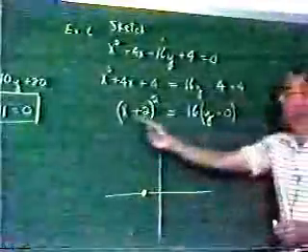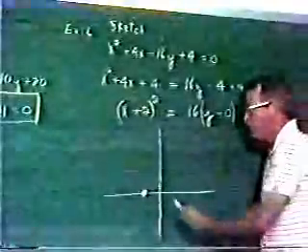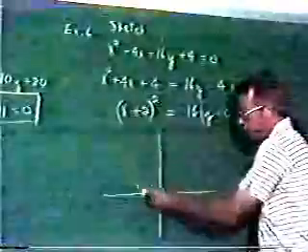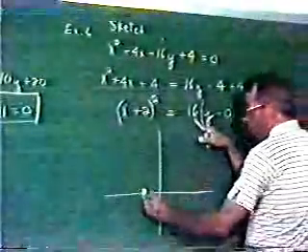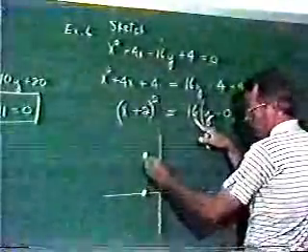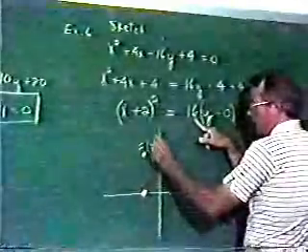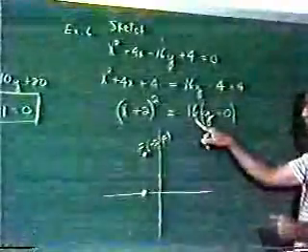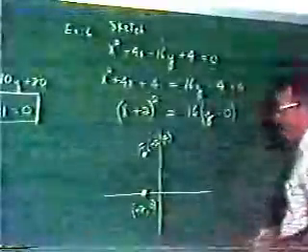Now, the x is squared. Therefore, that's opening up or down. Since this is positive 16, then it's opening upward. Therefore, my focus point is 4 up. So the focus point is at minus 2, and plus 4 for y.